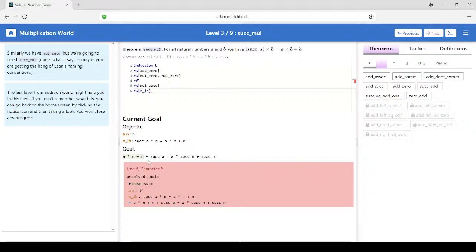A times N plus the successor of A equals A times the successor of N plus the successor of N. Okay, that works, but I'm not sure what else to do. What else can I do?